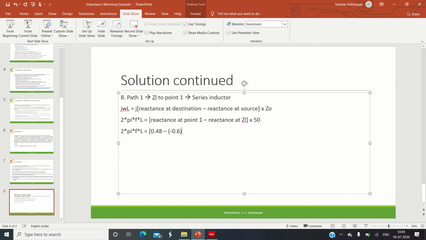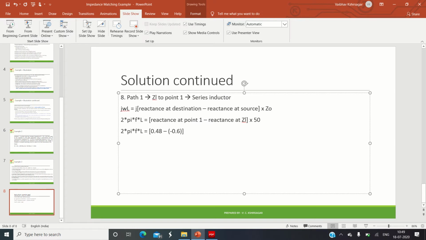Please remember, when you end up with a negative result in the equation, make sure that you have made a mistake either in reading the value or in taking the appropriate sign convention. Always remember, when you put the values, the equation has to be evaluated positive.